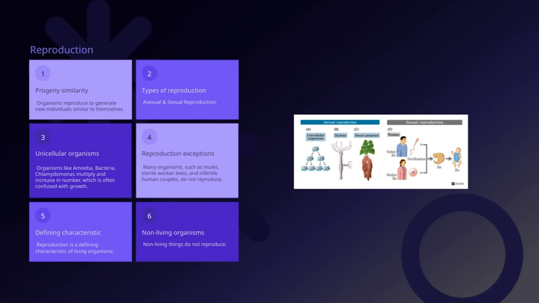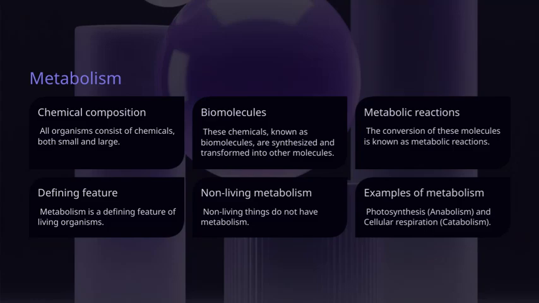And finally, it's crucial to remember that reproduction is what sustains populations and ecosystems, making it a key concept in understanding life itself. Now, let's look at how metabolism is fundamental to life. Photosynthesis, which is anabolism, and cellular respiration, which is catabolism, are key examples of metabolic processes.